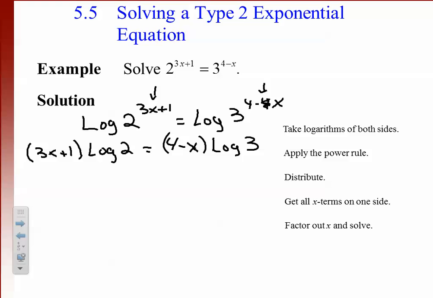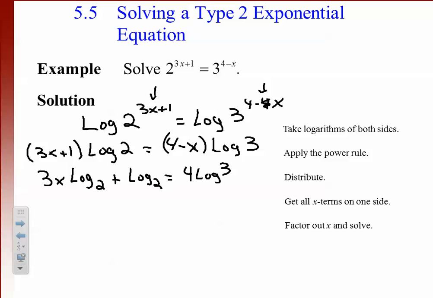Then we're going to distribute these terms here, and we get 3x log 2 plus log 2 equals 4 log 3 minus x log 3.